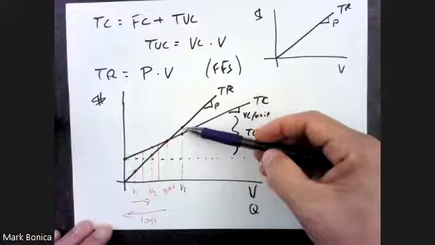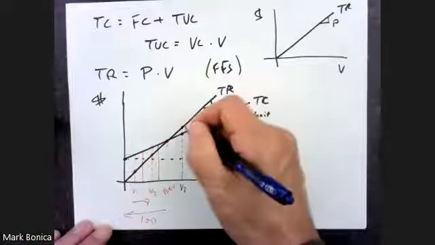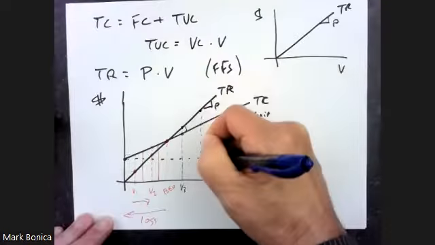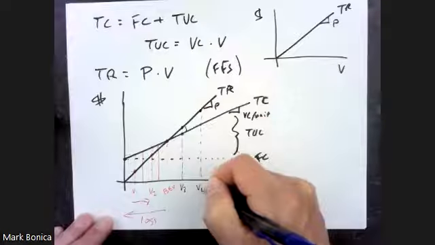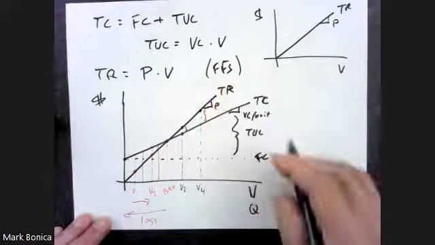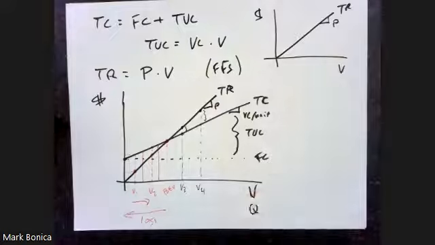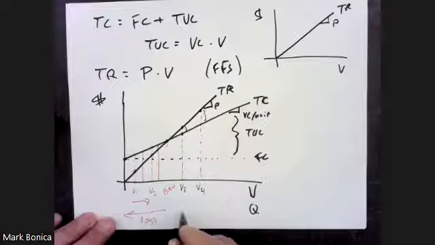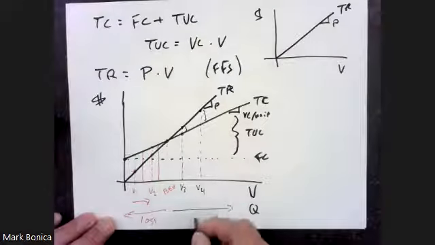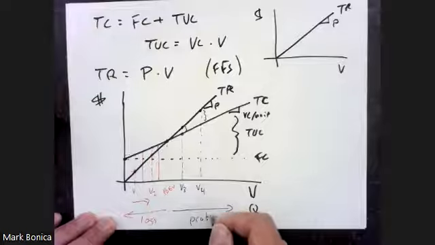And here I'm now making a profit because total revenue is above total cost. And if I go out here, that gap just keeps getting bigger. And so the farther I go out to the right of break even, I'm in the zone of profit.